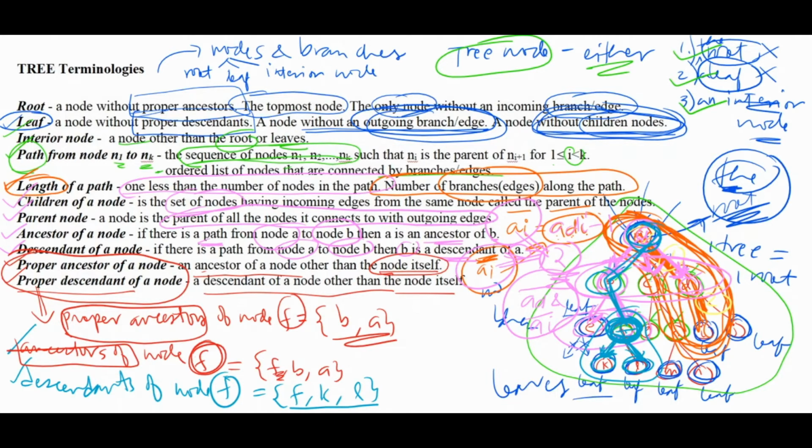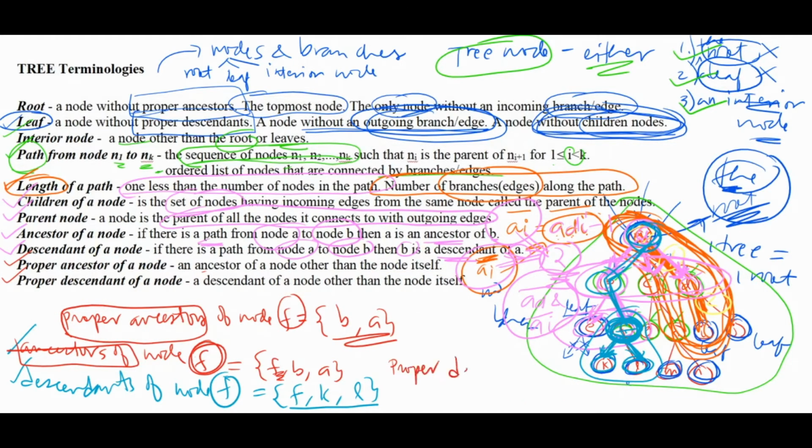And what are the proper descendants of node F? Looking at the list of descendants, you have F, K, and L. The definition says a proper descendant is a descendant of a node other than the node itself, so you remove the node itself from the list of descendants.